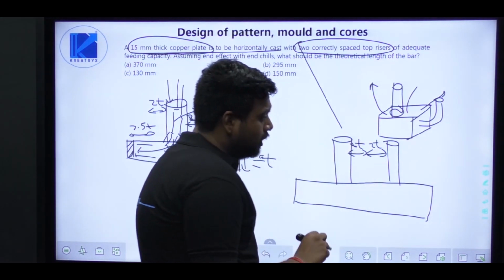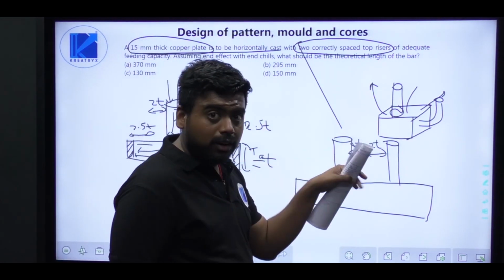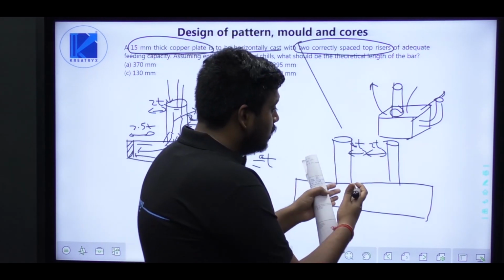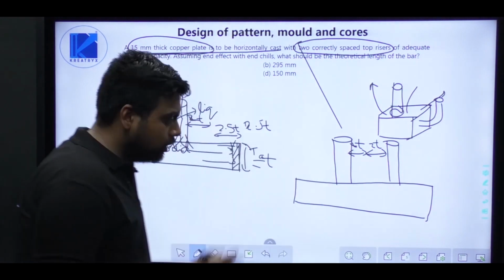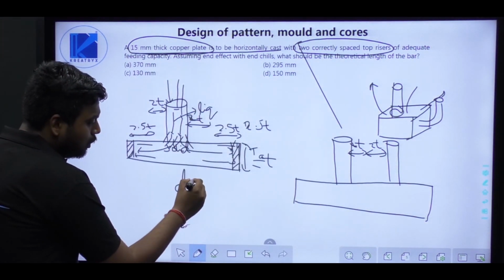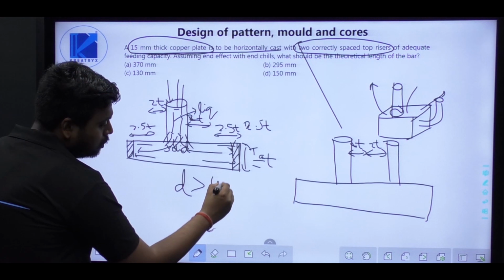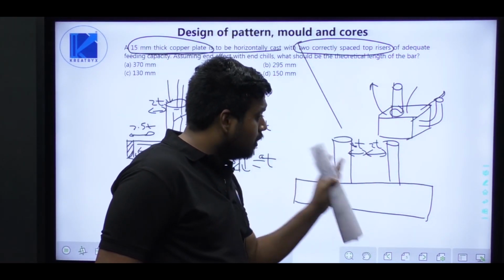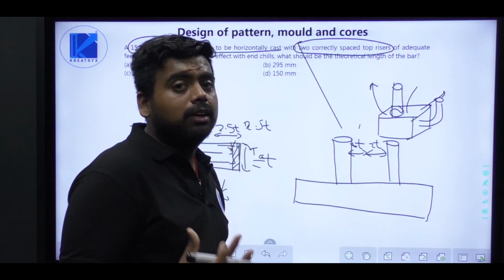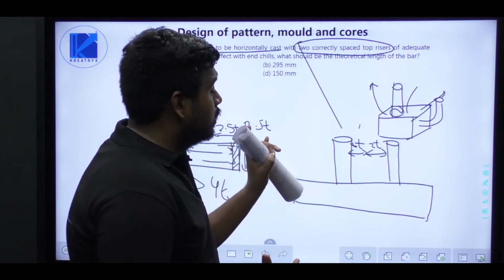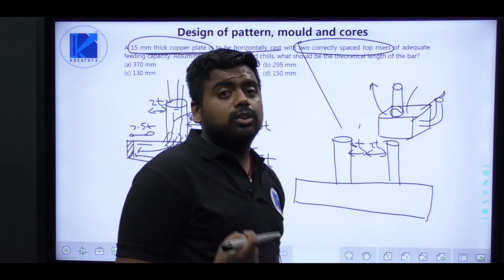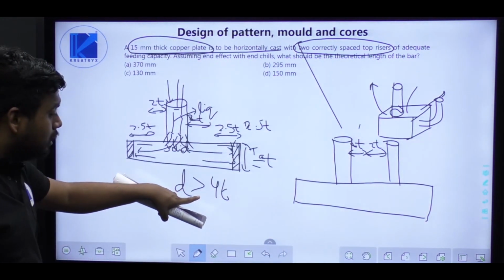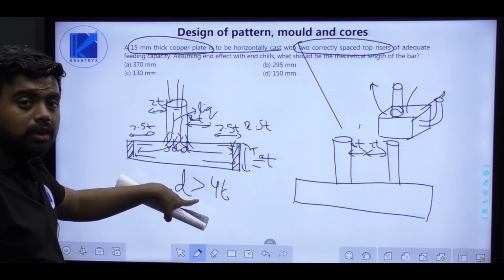Why so? If they are not placed at a distance of 2T apart, that is 4T from each other, let's say the distance, which I'm denoting as d, is somewhat greater than 4T, that is 2T plus 2T, there might be some places in between them where there will be no thermal gradient, due to which casting defects will occur. So to avoid casting defects, the distance must not be greater than 4T.